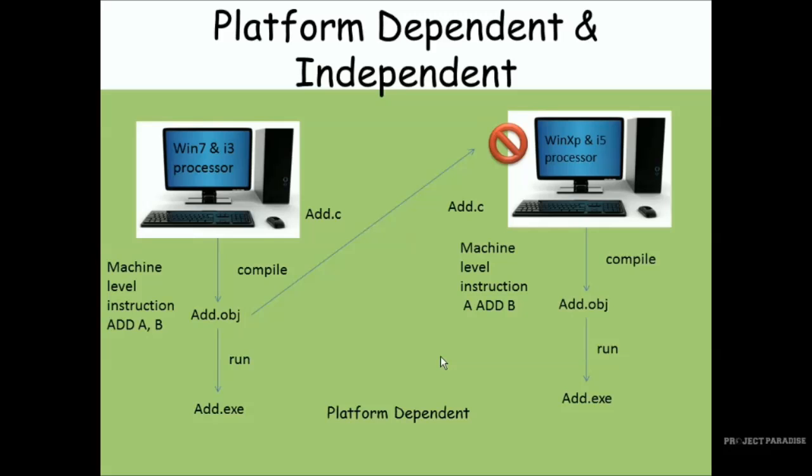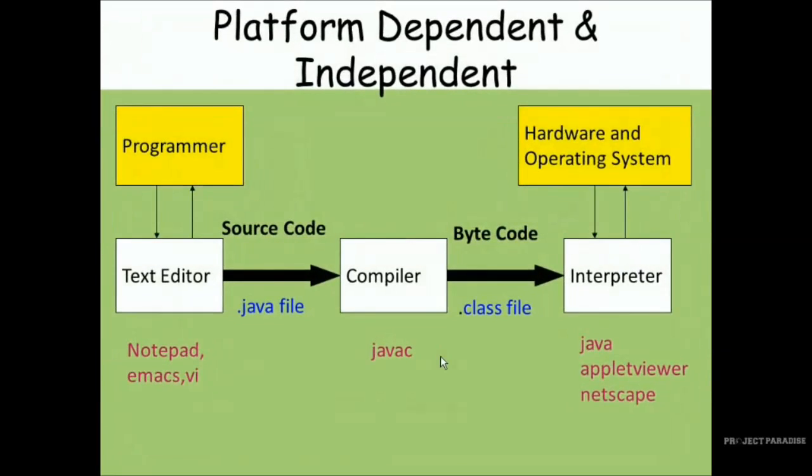When we talk about Java, for example, in C we write a source code and save it with the extension .c. Similarly, in Java we give the extension .java, file name .java. When we compile, we get a .class file.